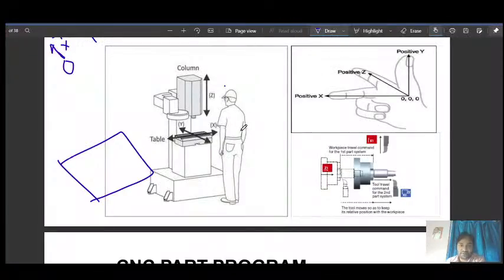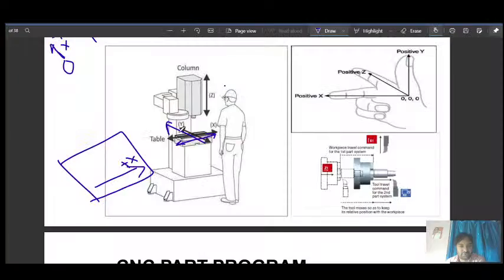Now you see the movement of the table along this x, positive x. Along this, normal to the operator in the horizontal plane, is y, positive y, and then the third axis is taken as z. From the table we take it as plus z.